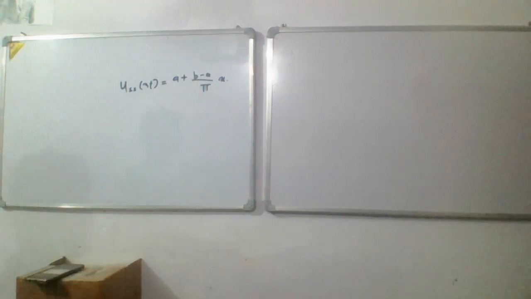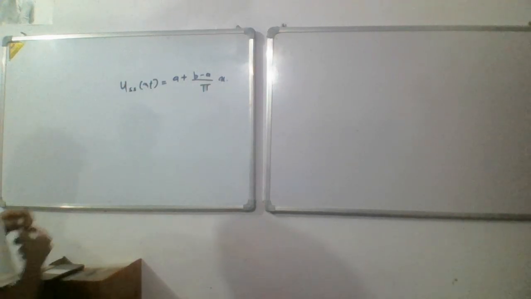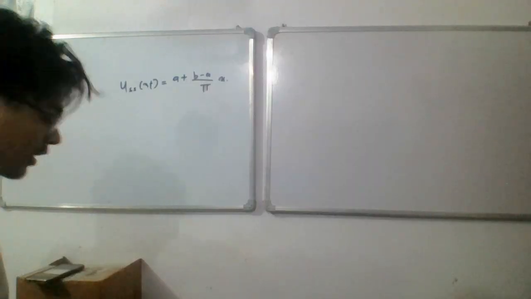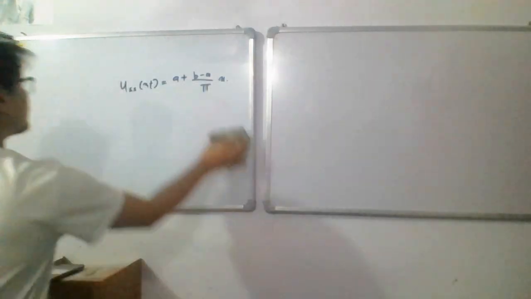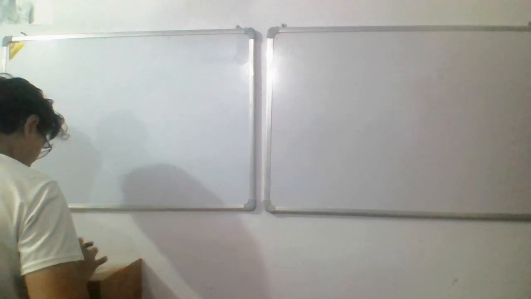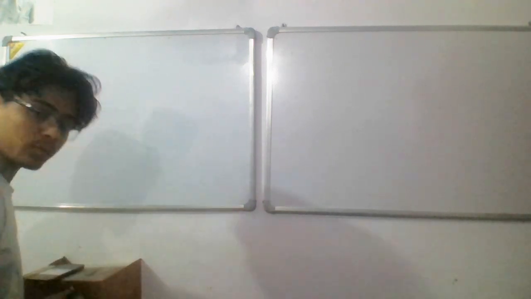So this is what the steady state solution is. Okay, now we use this formula to find the steady state solution. Now we will see a question, and this would be more clear. von Neumann boundary conditions. So let's write the question.